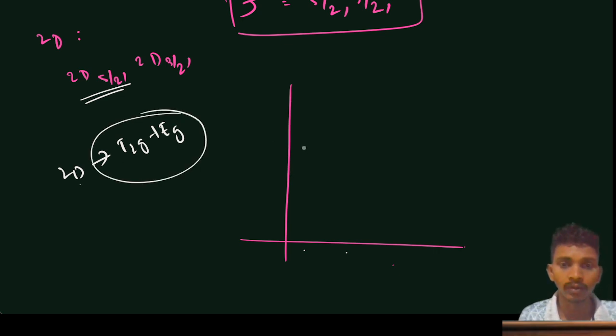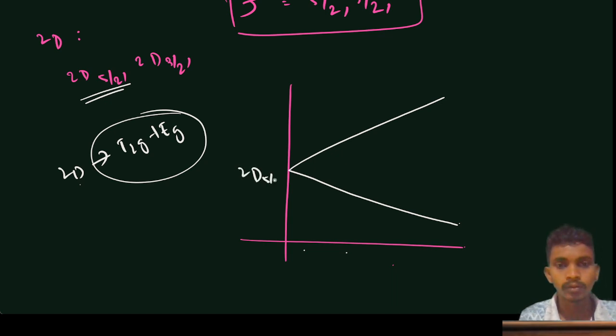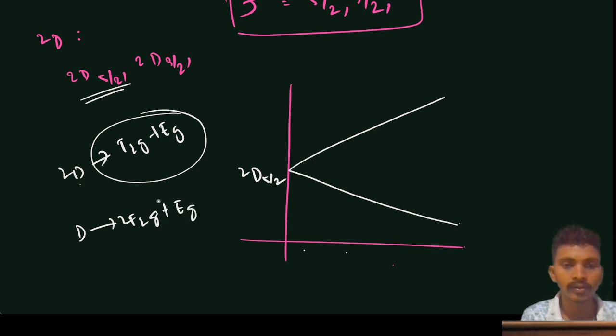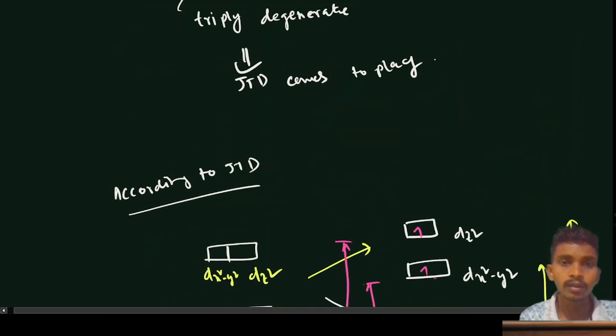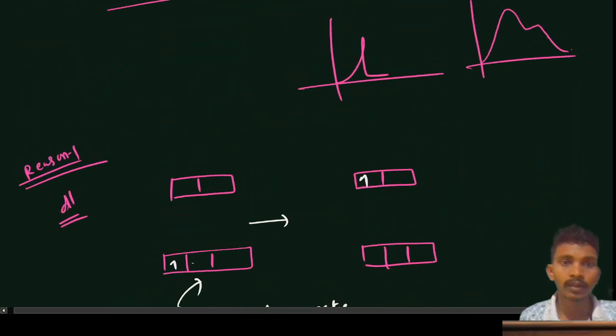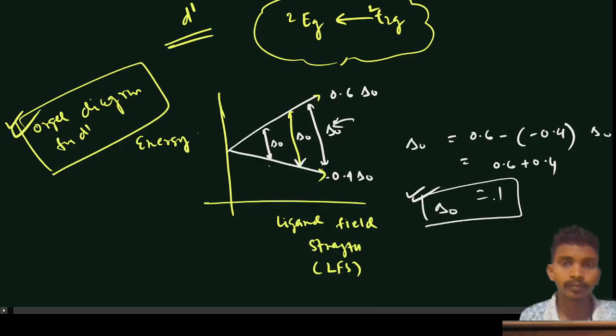So for one I will draw here, let's say, for d2 5 upon 2. For d, there are the t2g plus eg.